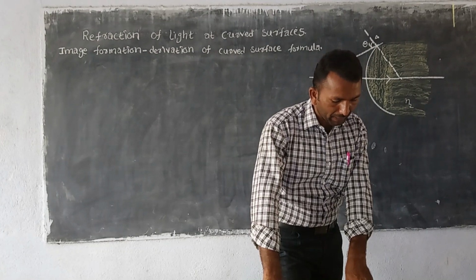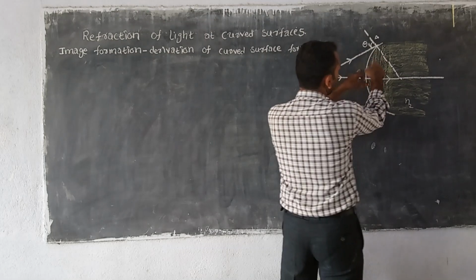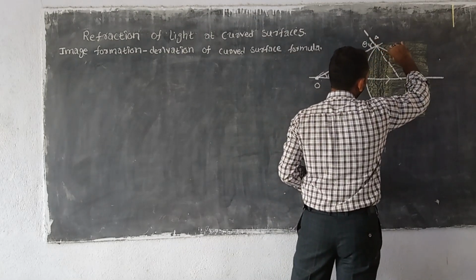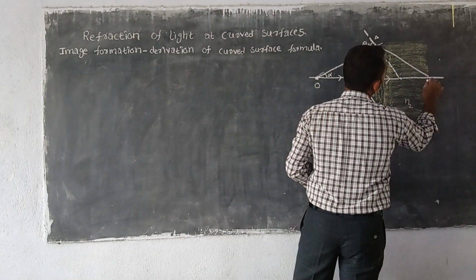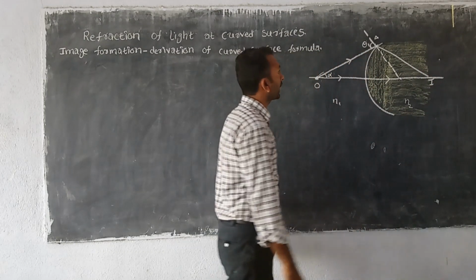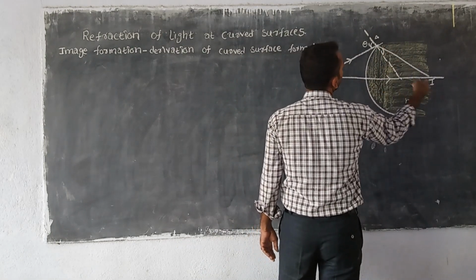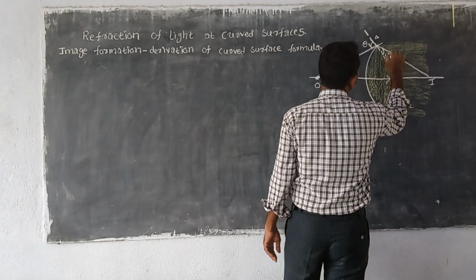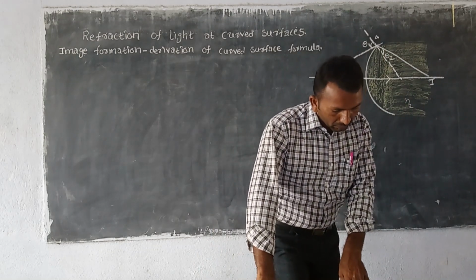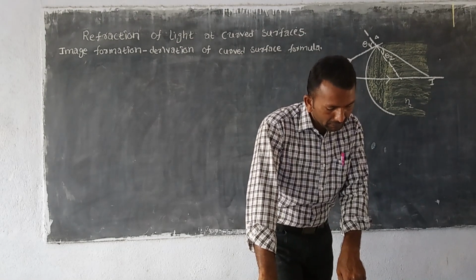The ray bends and passes through the second medium along AI. The angle of refraction is θ2. After being incident on the curved surface, the light ray bends in the second medium and goes towards AI, and the angle between the normal line and the refracted ray is θ2. The two refracted rays meet at I, and the image is formed there.